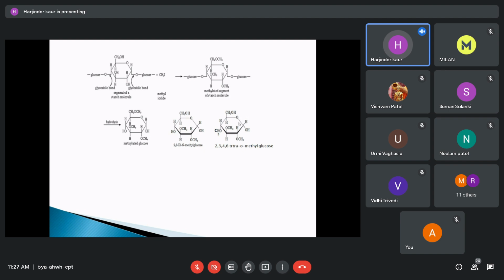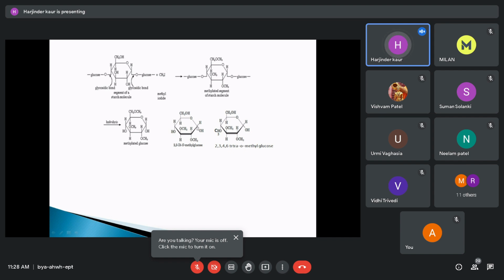At the end of the chain, there will be one unit in which only one of the carbons is involved in linkage. In between, in the chain, both 1 and 4 will be involved in the linkage. Similarly, a small amount of this was also obtained, which showed that the 1, 4 and 6 carbons are occupied in the linkage.